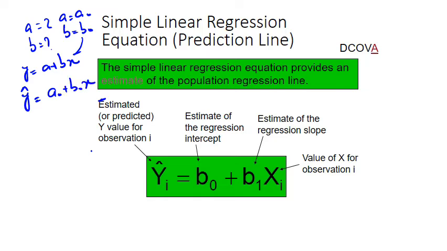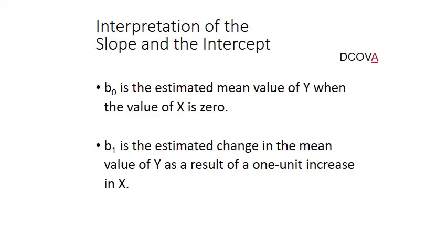After finding a and b, we substitute them into this linear regression and we call it the estimated linear regression equation, and we denote it with y hat, where b naught or a is the estimated mean value of y when the value of x is 0, and b1 or b is the estimated change in the mean value of y as a result of 1 unit increase in x.